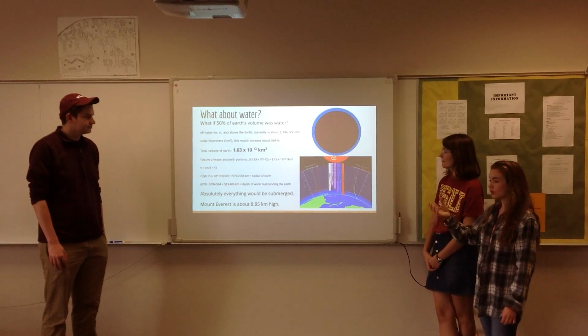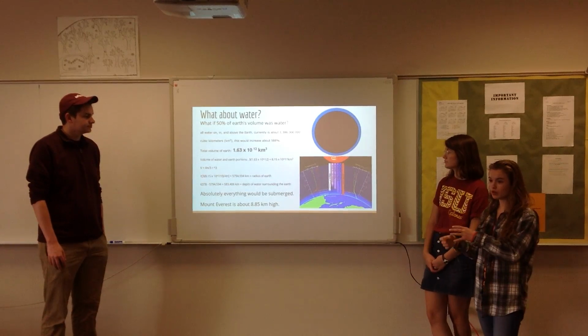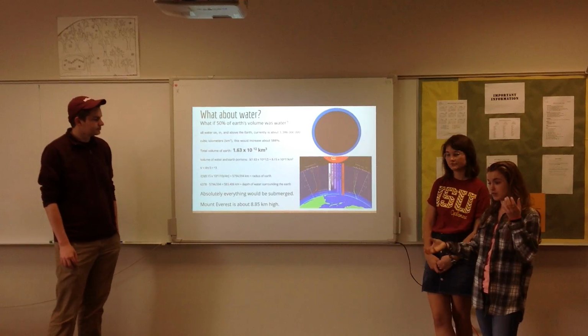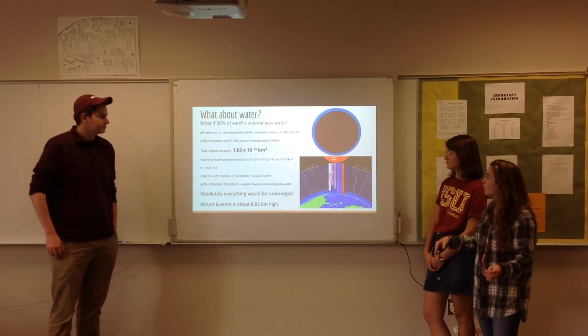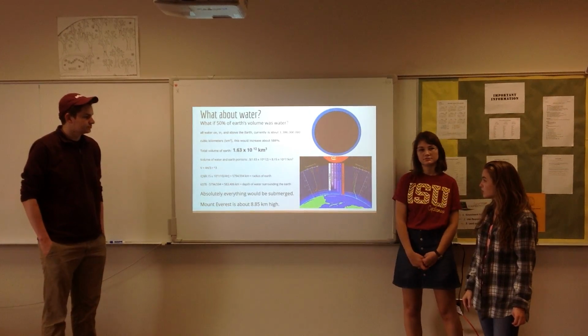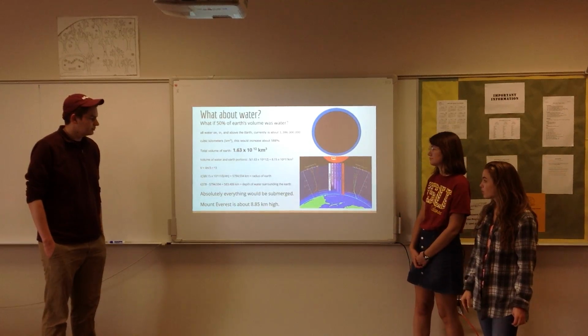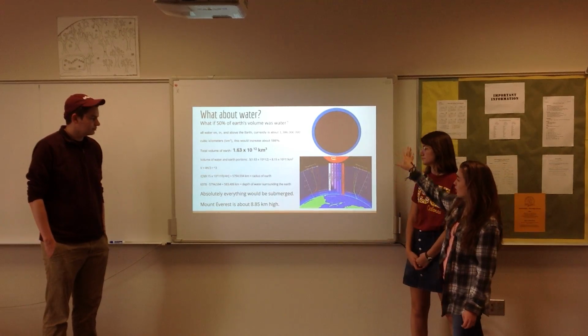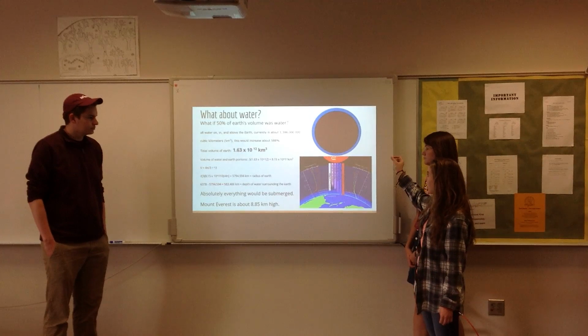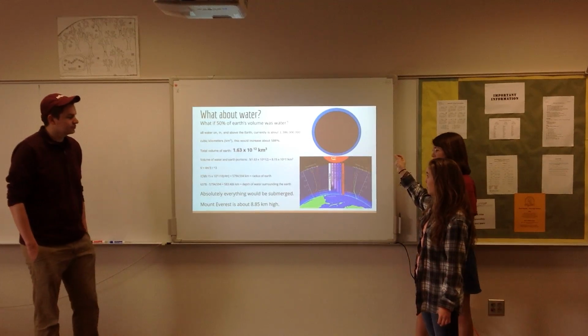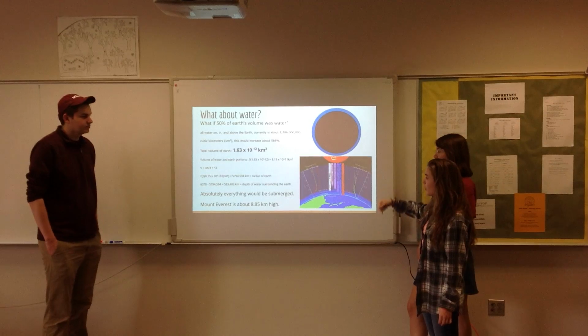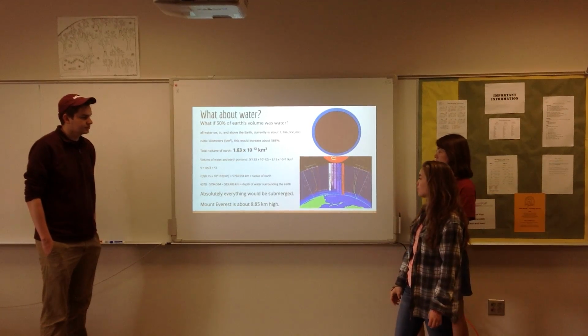So the land portion and the water portion are obviously going to have the same volume if it's 50%. And I then was able to find the radius of that earth portion, and with that, the depth of the water surrounding it by using the formula for volume of a sphere.